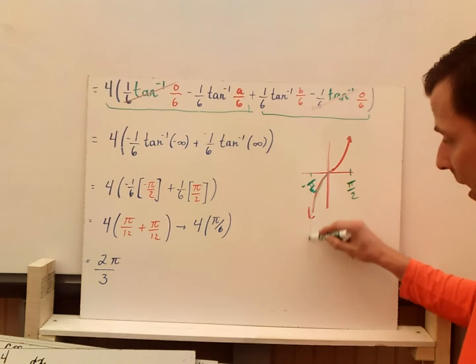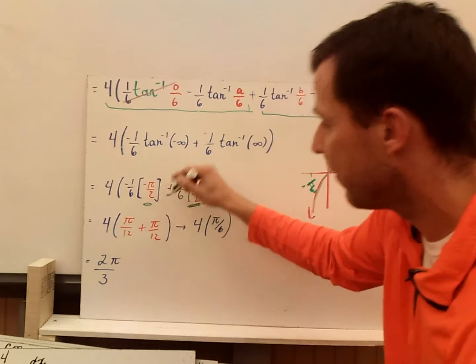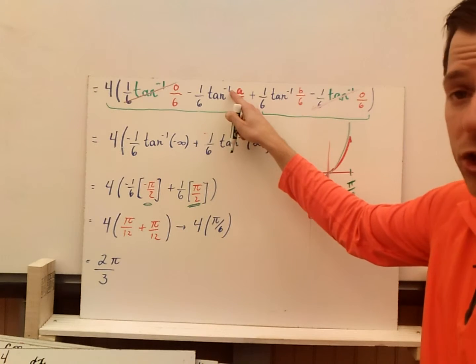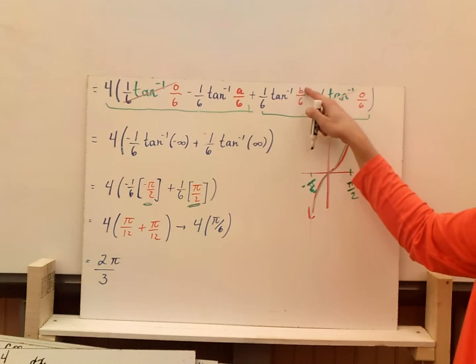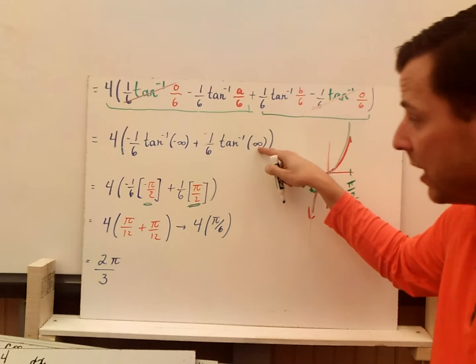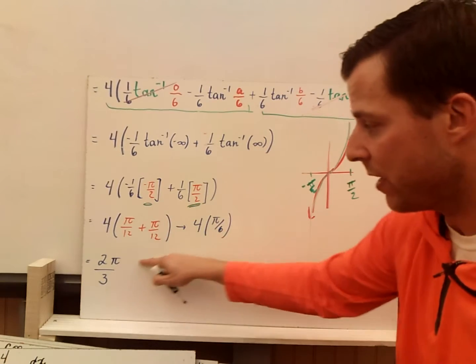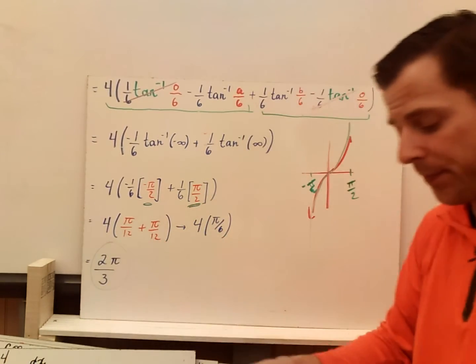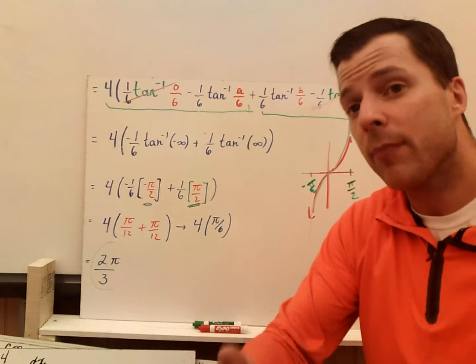Here's where tangent goes to negative infinity and positive infinity, and that's what I substitute right here. Because if I put a very large number in for a, I'm going to negative infinity. If I put a very large number in for b, I'm going to positive infinity. So that's where these two values come in, and then it's just algebra from here, and I get 2 pi over 3. So that's how we take improper integrals.